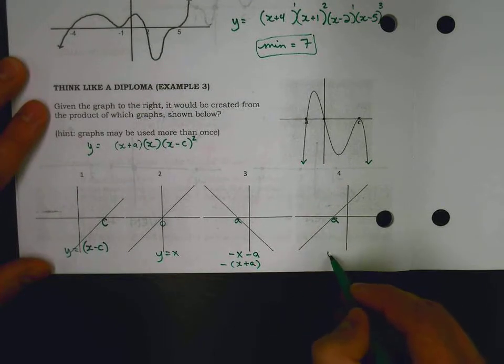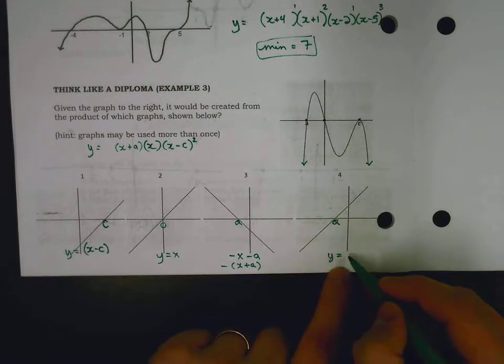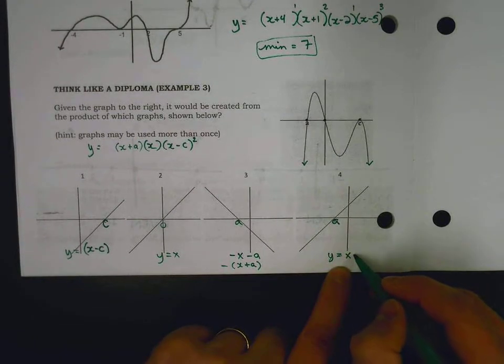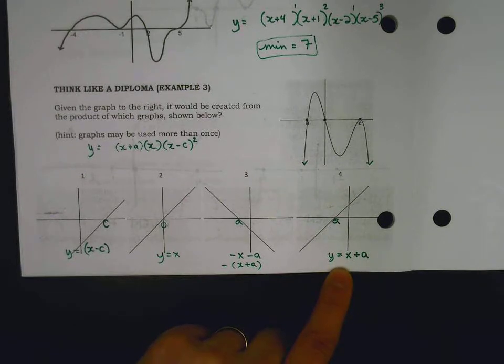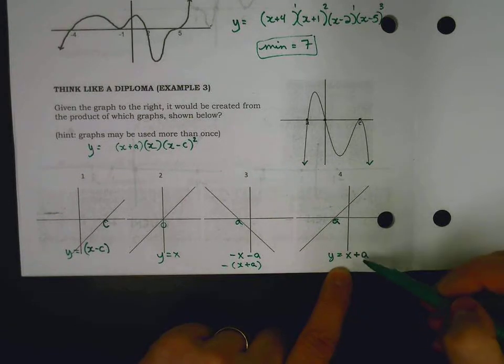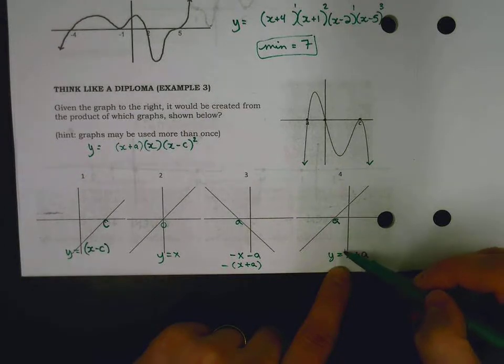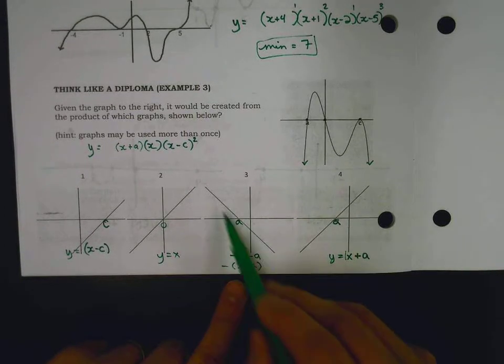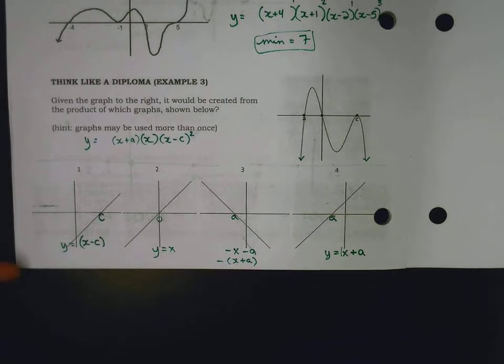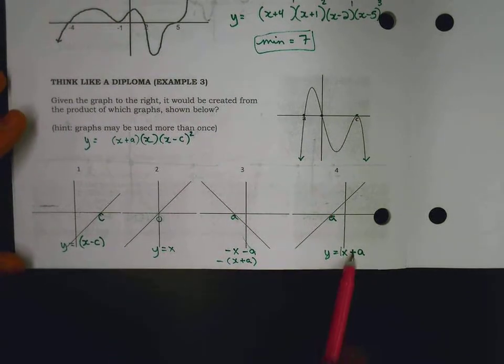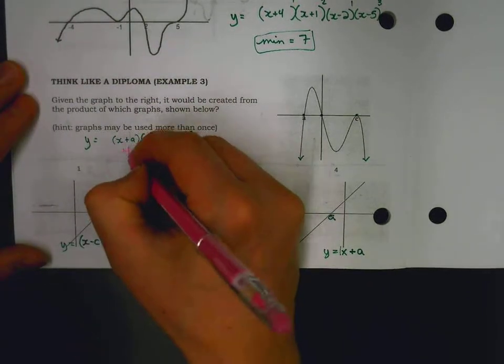And this graph is y equals x plus a. Okay? It's going through the positive slope. This one was a negative slope. So what's going to create this? Well, if we have an x plus a, we need graph 4.